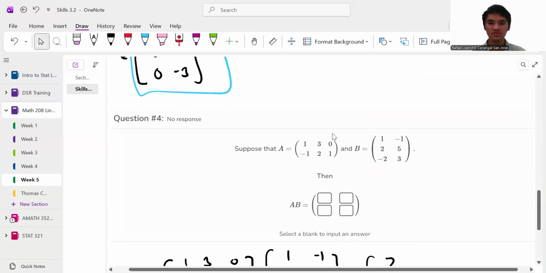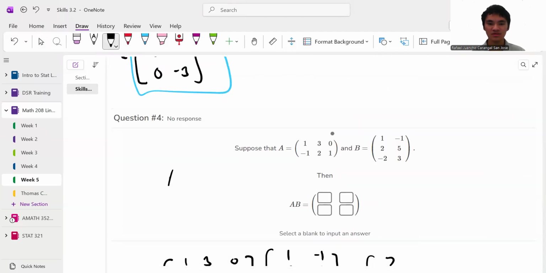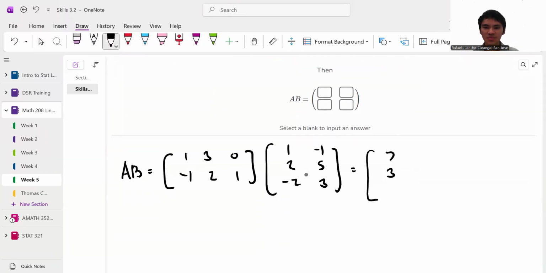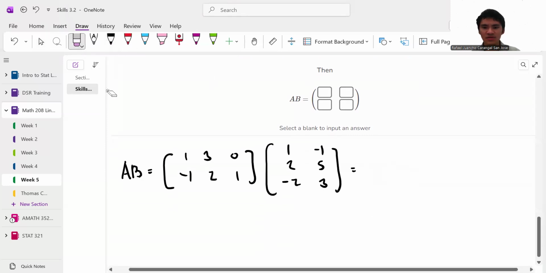Oh, shoot. So this was a 2 by 3. There's actually a trick here. Then B is, I believe, a 3 by 2. So it's going to be a 2 by 2 matrix. Oh, yeah, there we see it. So we have 7, 3, and we keep going.